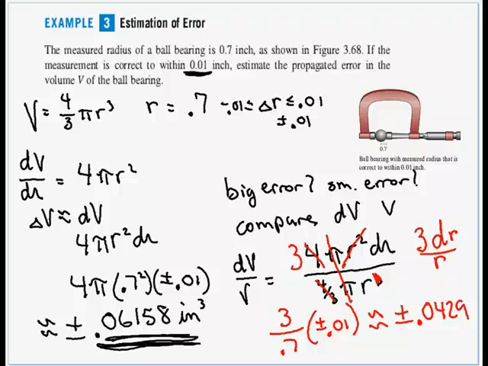And if we want to change that into a percent, we move that decimal over 2 spots. We get plus or minus 4.29%. In the industry or whatever you're working with, is that an acceptable error? Just depends. 4.29% error in volume based on, maybe, our radius measurement being a little bit off.